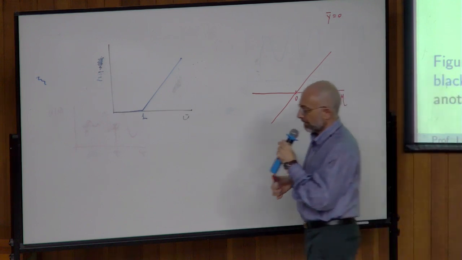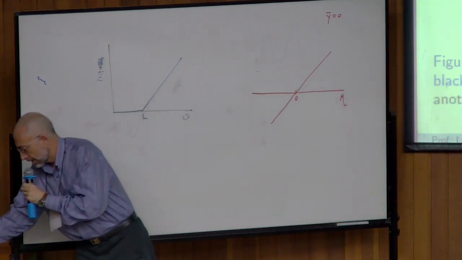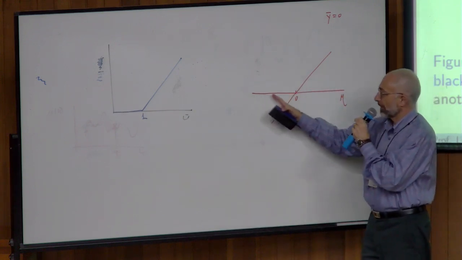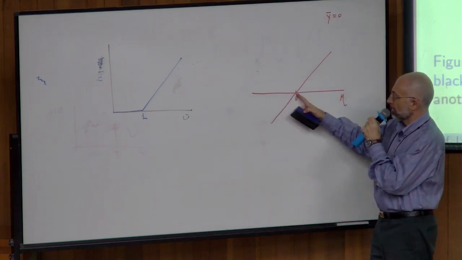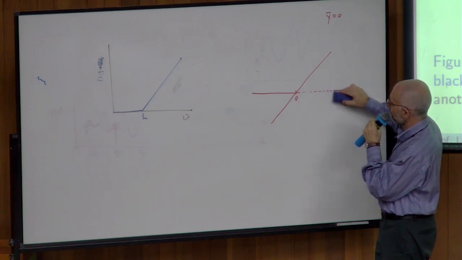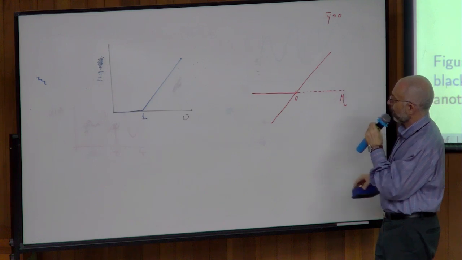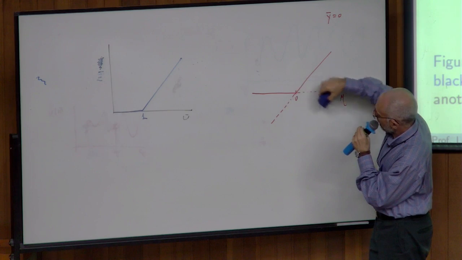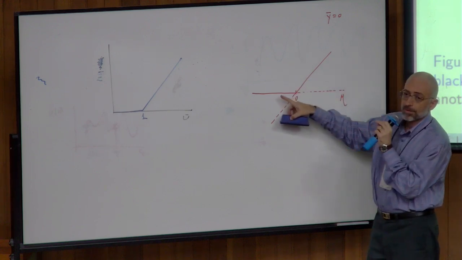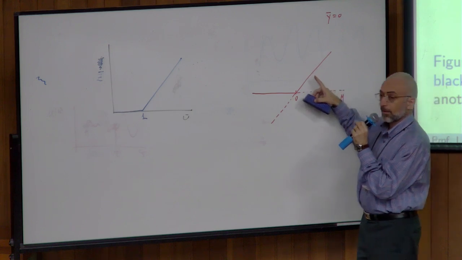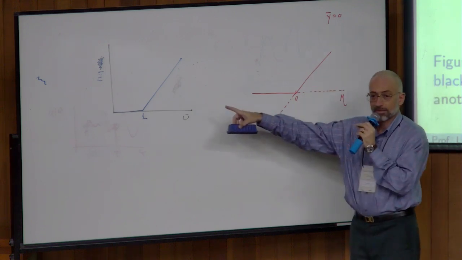What makes it a bifurcation is that this family of fixed points is stable up to this point, and it becomes unstable later. And this one is the other way around. It was unstable for mu under 0, and from here, it's stable.